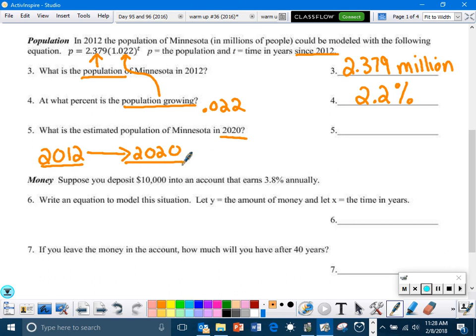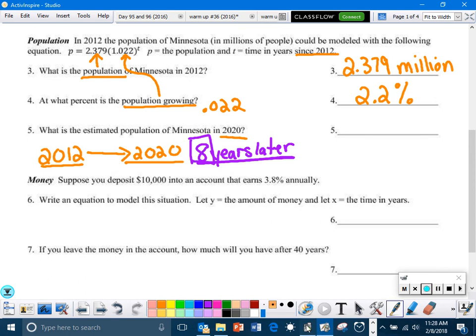Well, 2020 is 8 years later. So we're going to look at the 8 in our table. We're going to have to type this into our calculator, and then go to our table and look it up.